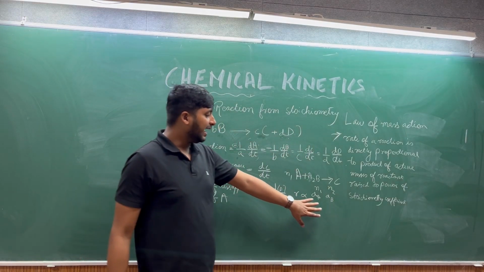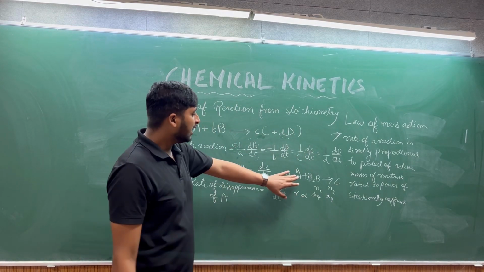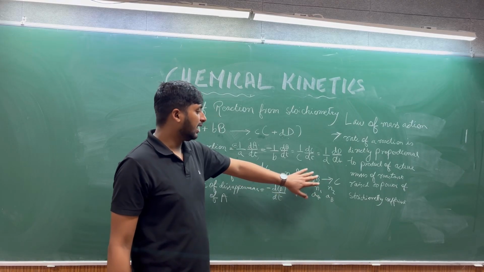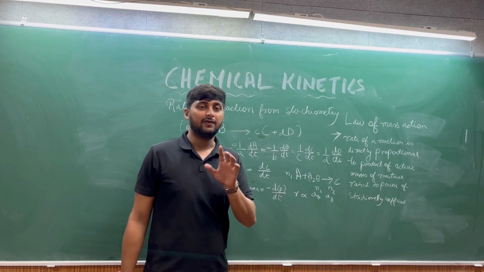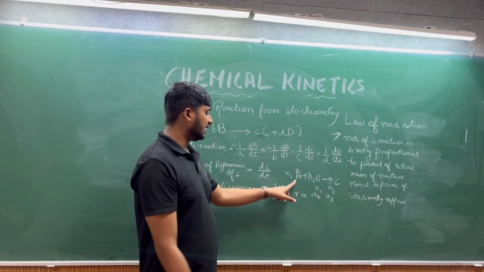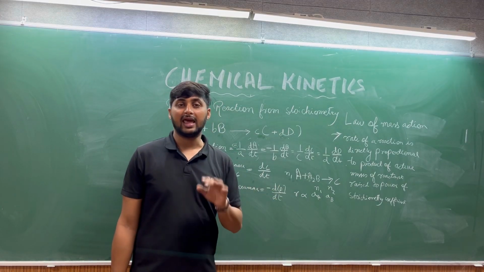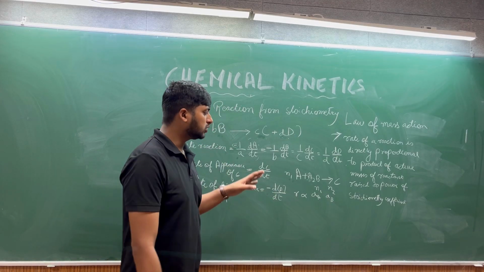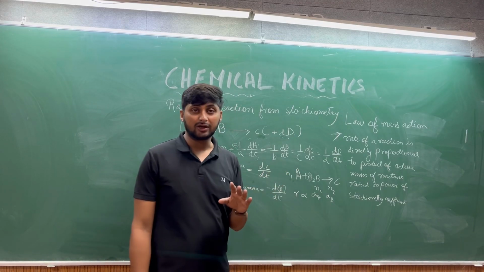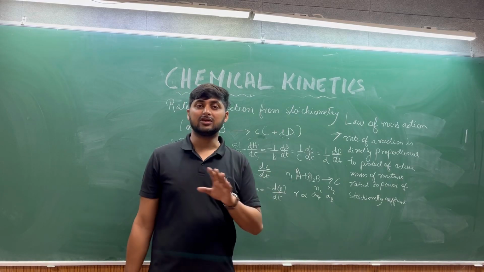Now what are these active masses? If these are liquids or aqueous solutions, then the active masses will be their concentrations. Or if the reactants are gaseous, then the active masses can be concentration or it can be pressure. For solids or pure liquids, the active mass remains constant.